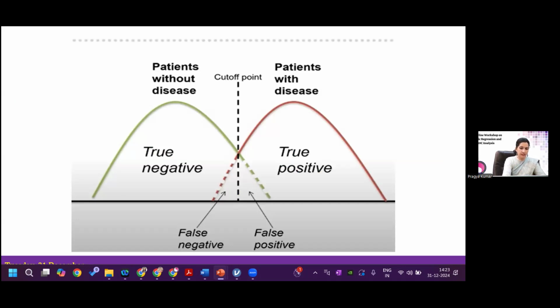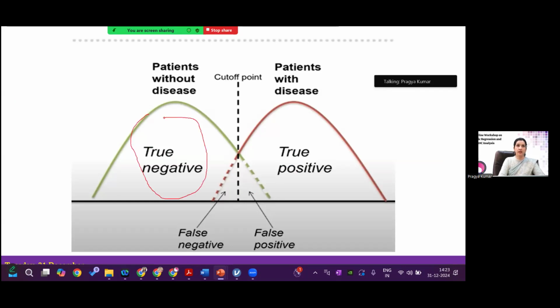So here you can see that this is the area of the true negative, and this is the area of the true positive. Here the test is positive and the person is diseased also. And this, as we have seen, was the area of false diagnosis. This will be your false negative. What do we mean by false negative?